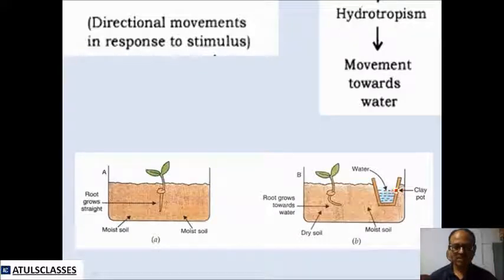So the movement will show that the roots are showing positive hydrotropism, but the shoots didn't perform this, so they are showing negative hydrotropism or negative movement towards water.